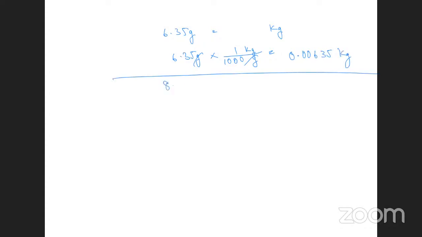Next, 8.245 liters in milliliters. 8.245 liters times milliliters at the top, liters at the bottom. 1,000 milliliters means 1 liter. So you get 8245 milliliters.